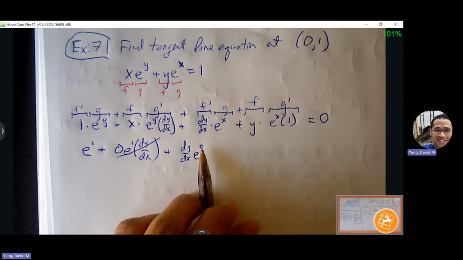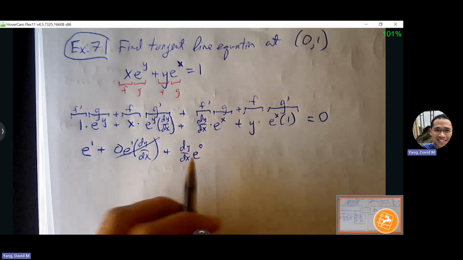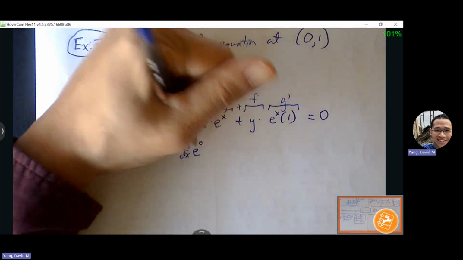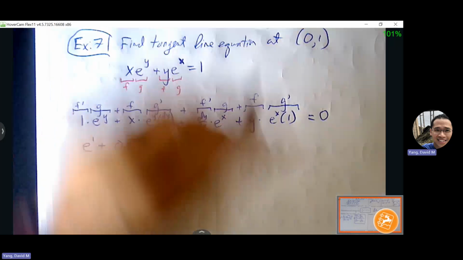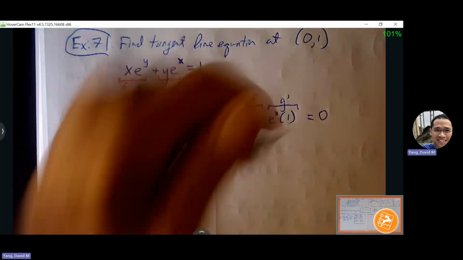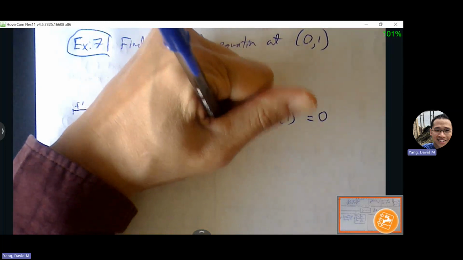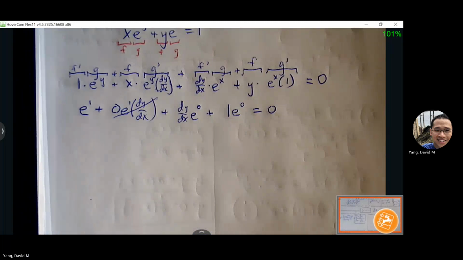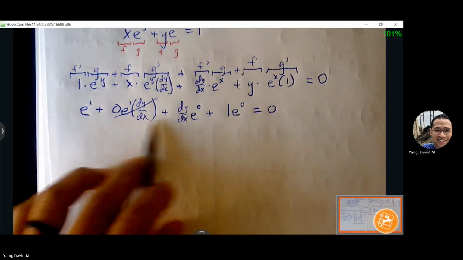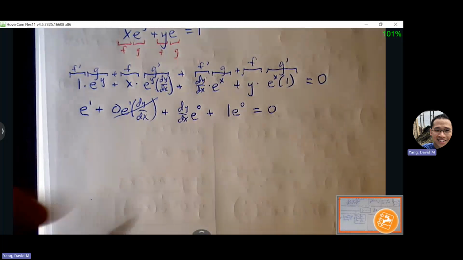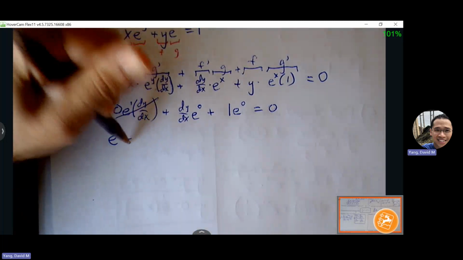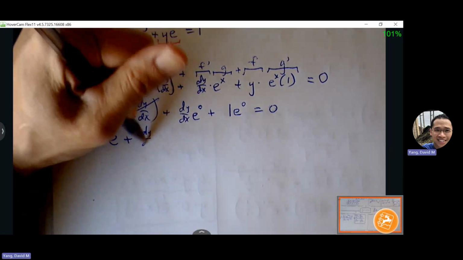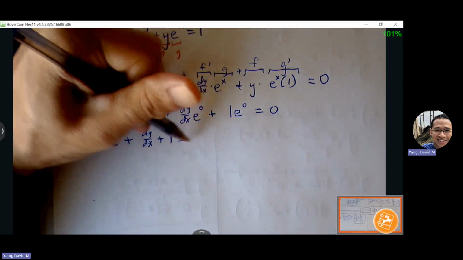If 0 is in the exponent, that is still going to leave us with a number. Okay, so this is still going to stay. Plus y times e to the x. y is 1. 1 times e to the 0 equals 0. Okay, so the e to the 0 is just going to be 0. So I have e plus dy dx plus 1 equals 0.